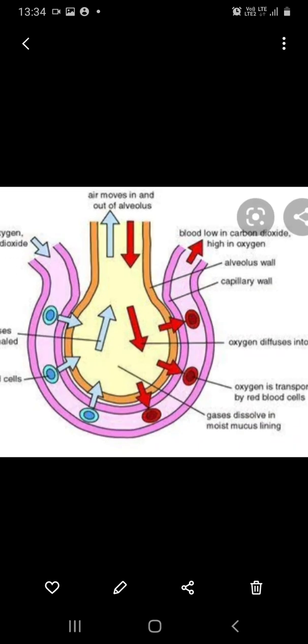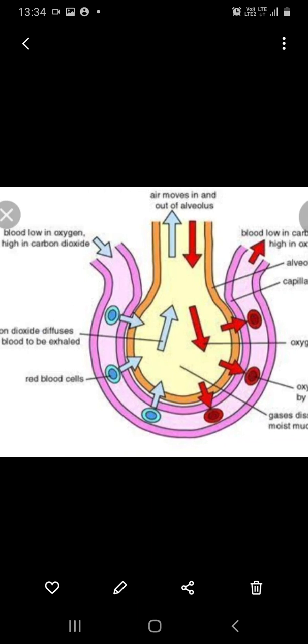This diagram is a picture of an alveolus. On one side, the blue colored cells are shown, that is the RBC, which indicates that they are laden with carbon dioxide.